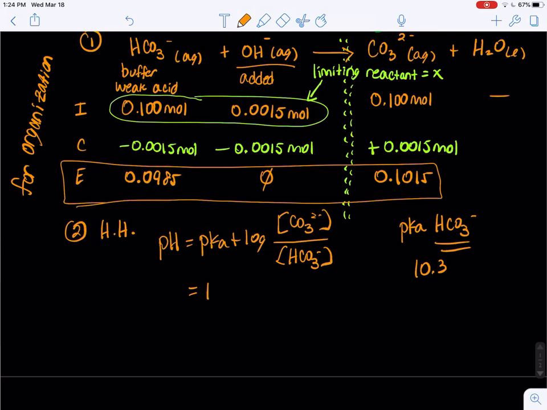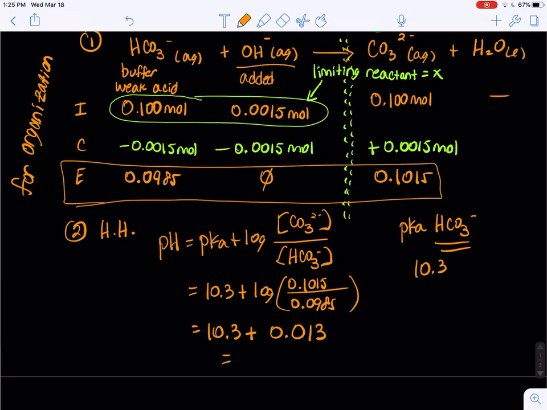Okay, so it's 10.3 plus log of 0.1015 over 0.0985, and what we get here for a value is 10.3 plus 0.013, and that comes out to be 10.31.